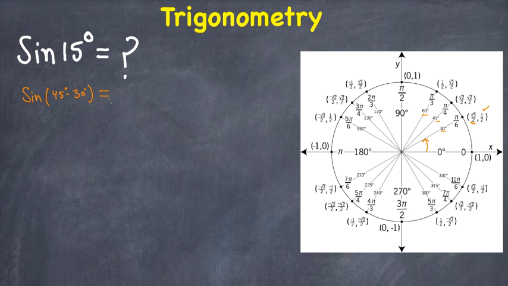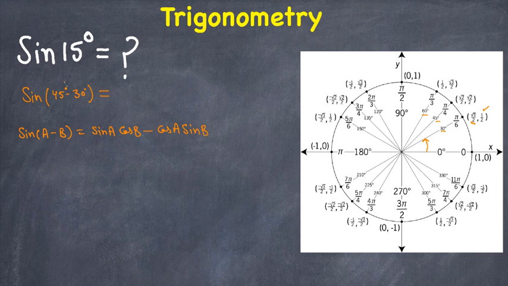And now I just need to write the t ratio or a trigonometric identity like sine of a minus b. So that is basically sine a cosine b minus cosine a and sine b.